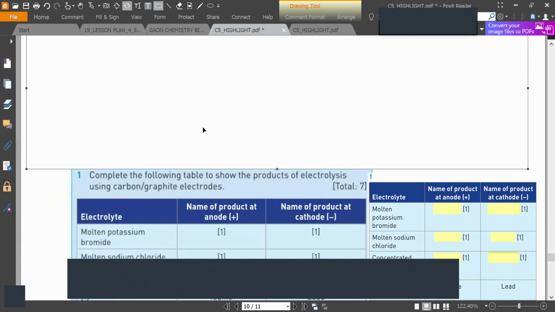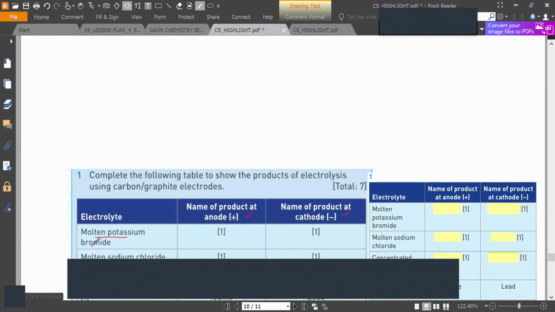Now again, we need to work out the product at the anode and the cathode. Molten potassium bromide. Again, we will analyze like this. As usual, potassium bromide is KBr, so we have these two ions.